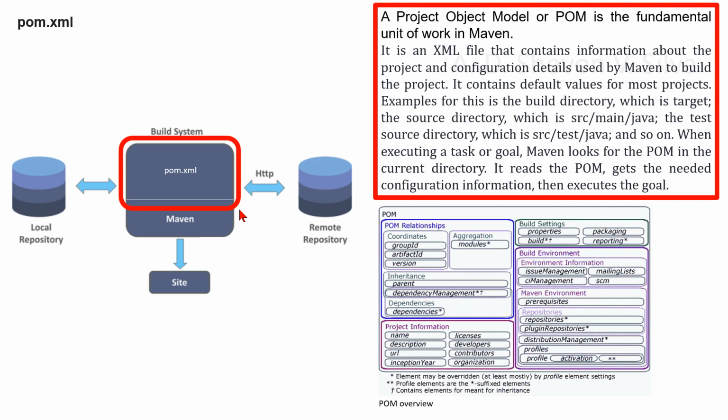Examples for this are the build directory, which is target, source directory, which is src/main/java, the test source directory, which is src/test/java, and so on. When executing a task or goal, Maven looks for the POM in the current directory. It reads the POM, gets the needed configuration information, then executes the goal.